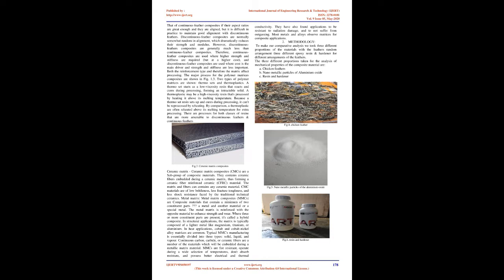In polymer and metal matrix composites, a strong bond between the feather and the matrix transmits loads from the matrix to the feather through shear loading at the interface. In ceramic matrix composites, the goal is usually to extend toughness instead of strength and stiffness. Therefore, a low interfacial strength bond is desirable.